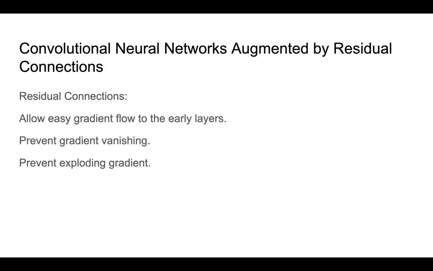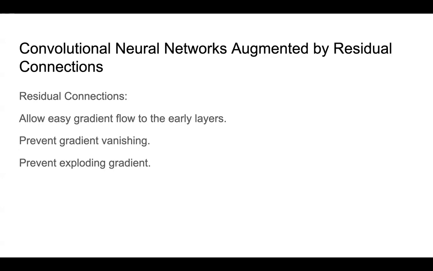The other thing that is very useful in today's models is residual connections, or otherwise called skip connections. They are very helpful in doing some things, such as they allow easy gradient flow to the earlier layers. The gradient may vanish if we are using a very long model, so the earlier layers may not receive a proper gradient.